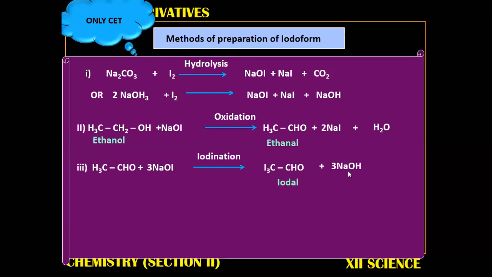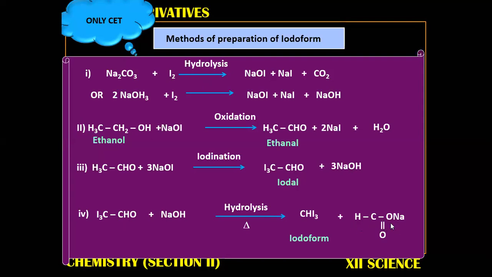Along with that we'll get 3 NaOH. This is correct, nothing is wrong with this. And last step, the iodal will get hydrolyzed with NaOH to form iodoform, and along with that we get sodium formate.